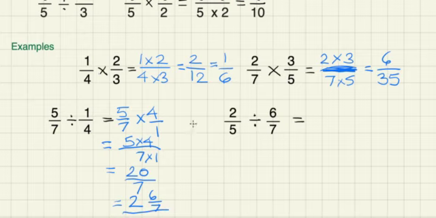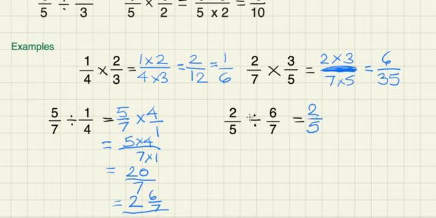Give this a go, working it out on the same principles as this. Okay, welcome back. We're going to follow those rules again. The first fraction remains the same, 2 over 5.